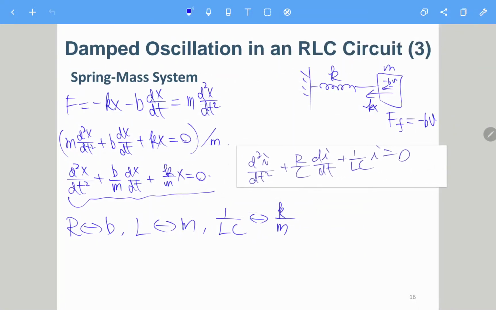You can just try to compare these two. So B to be R, M to be L, K over M becomes 1 over LC. Then these two equations are actually the same thing.